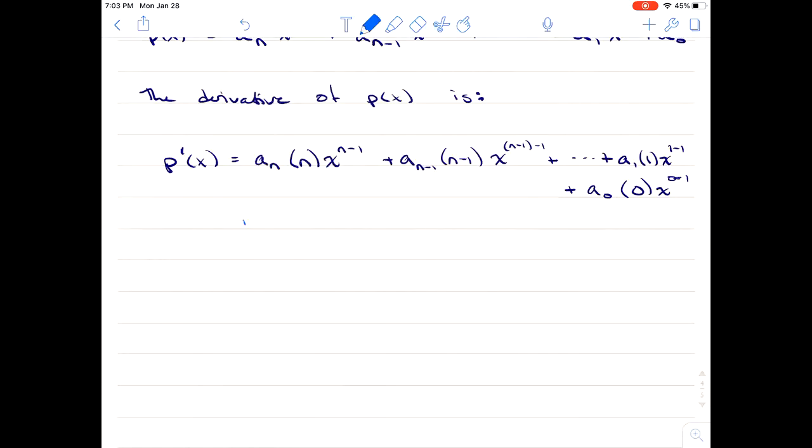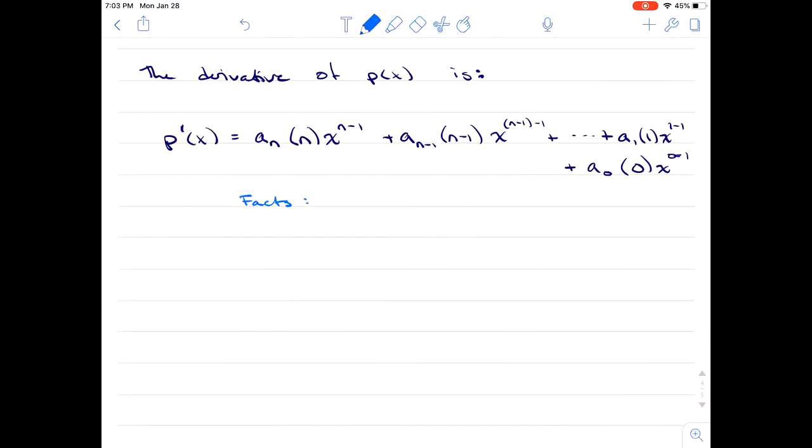But here, let's write down some facts. A subscript 1 times x, actually, the derivative of a subscript 1 of x is a subscript 1.